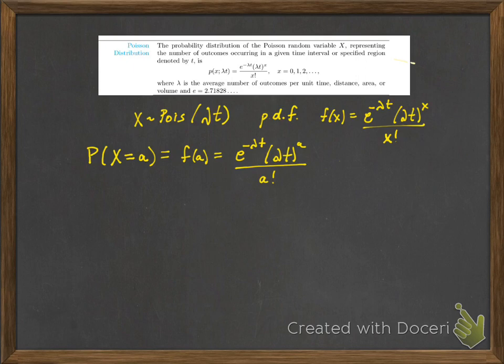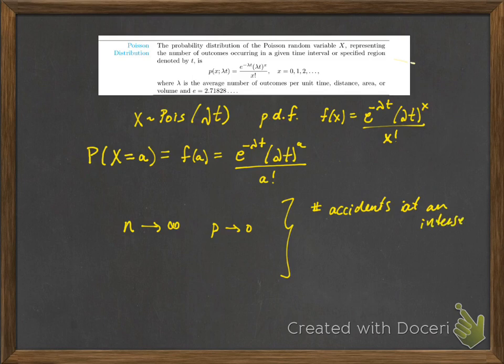And so it is very much like the binomial distribution, where n is very large and p is very small. Common examples of that are the number of accidents at an intersection, which is a common example, or typos on a page.